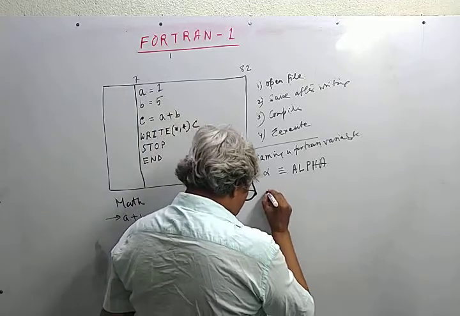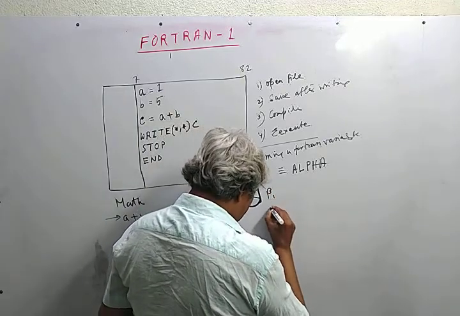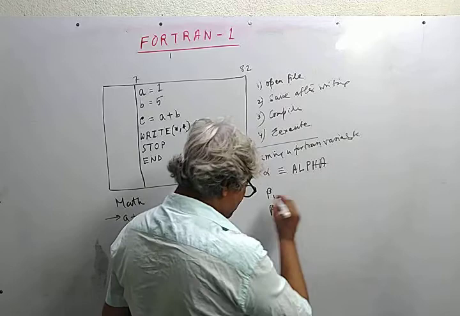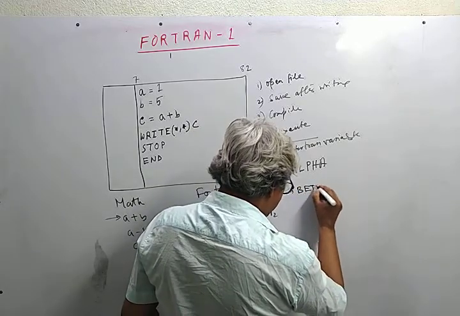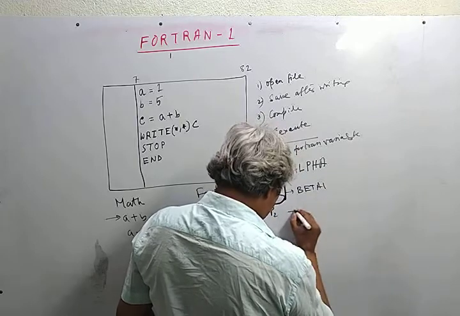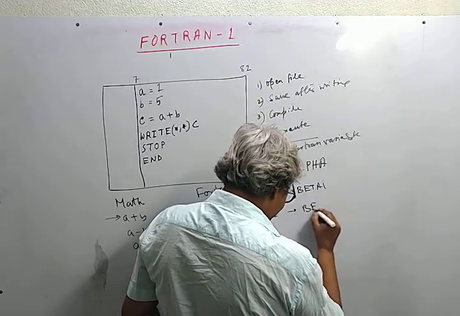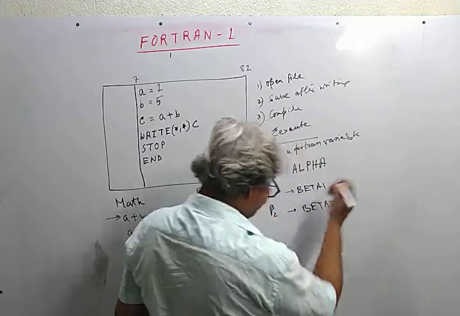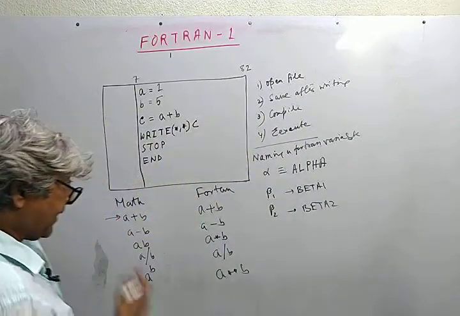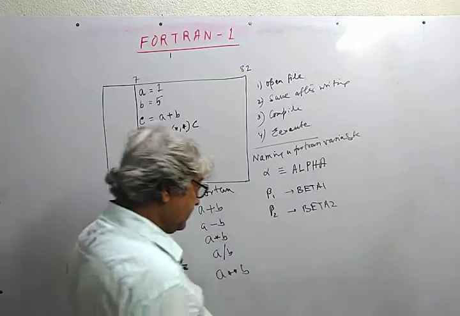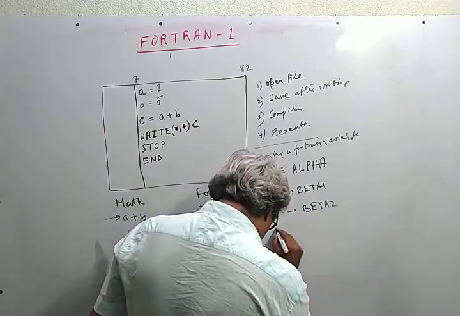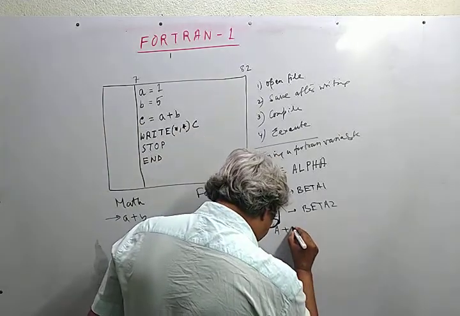Say we come to beta 1, beta 2, etc. Then the names should be beta1, beta2, etc. But remember that one cannot define a variable as a plus b.